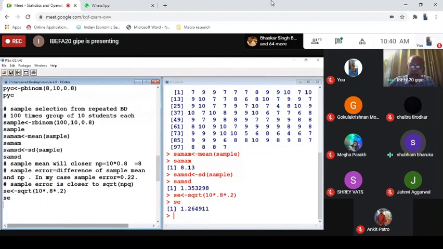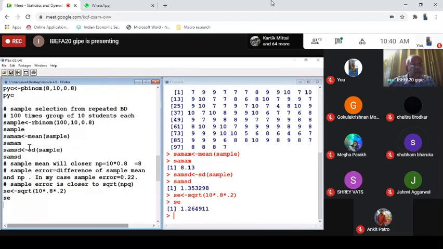I got 7.94 the first time. Now it's around 8.19. So the deviation is 0.19. How much is the sample standard deviation? 1.19. So it is higher than the standard deviation by the formula, correct? Yes, sir.